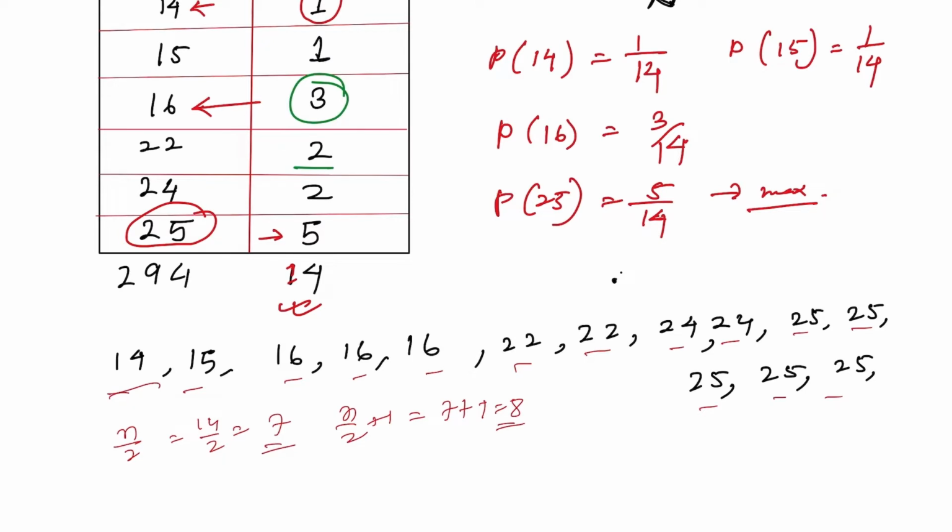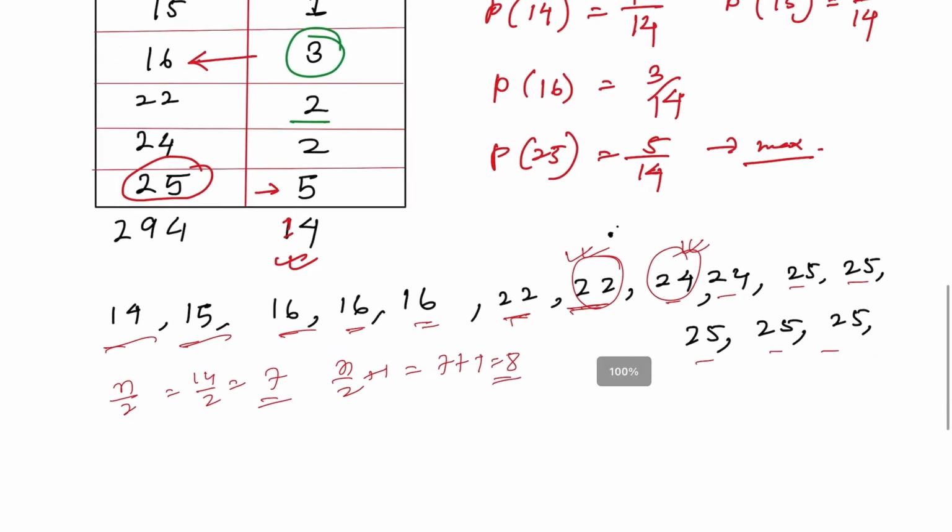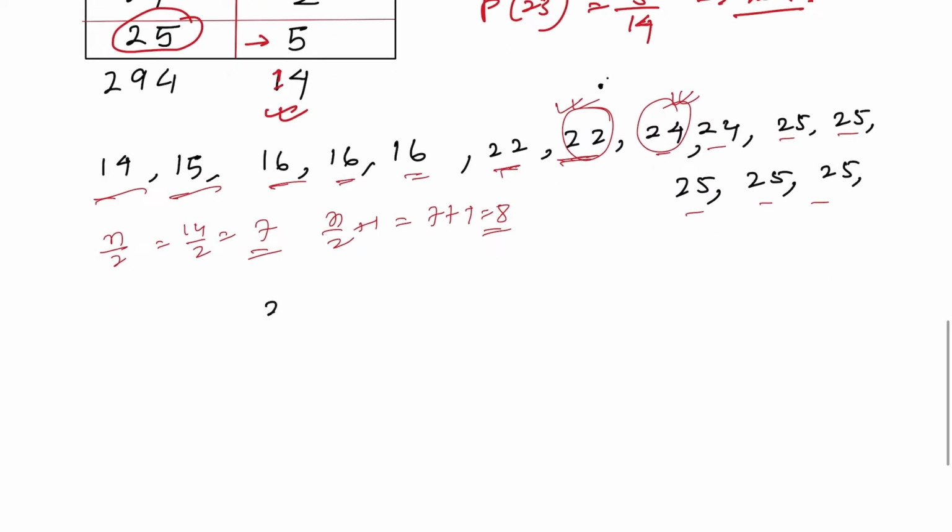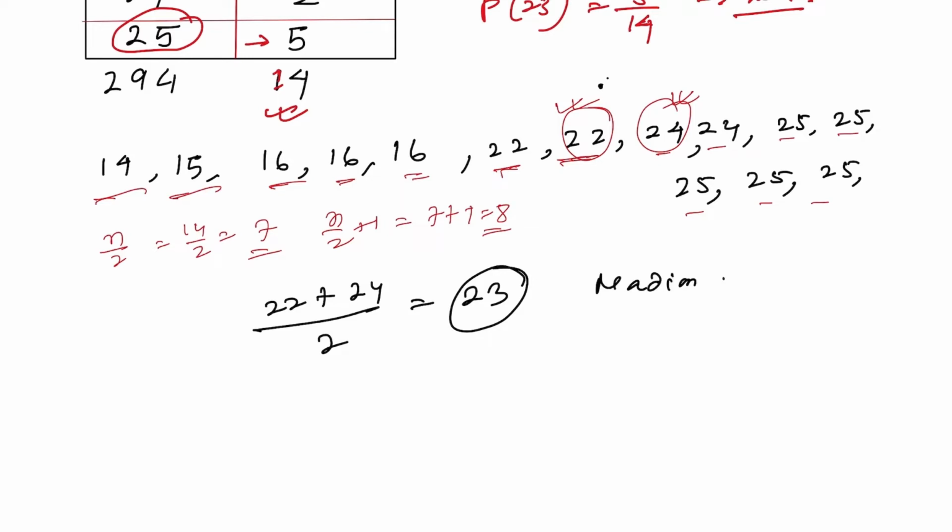So the 7th and 8th observations: the 7th is 22 and the 8th observation is 24. Now if you take the average of these two observations, 22 plus 24 by 2, that is equal to 23. So the median age is 23 years old.